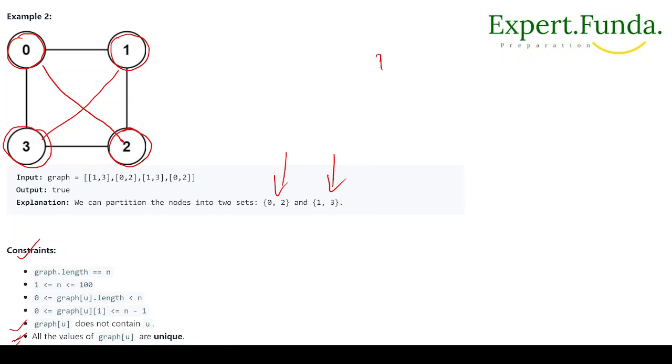If you are using DFS and you will do the coloring, let's suppose you are starting with a color like this, and just for understanding, this is your red color. Okay, let me change to another color. And I'll use some graph like this.